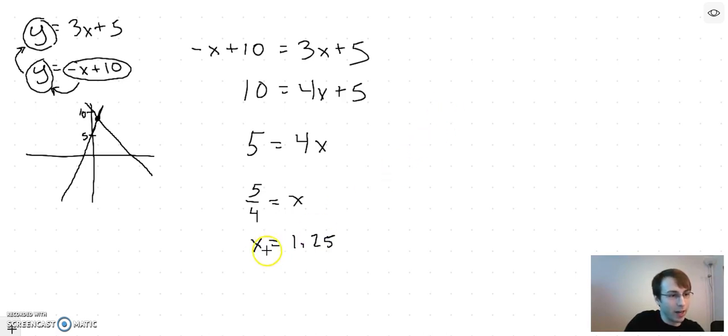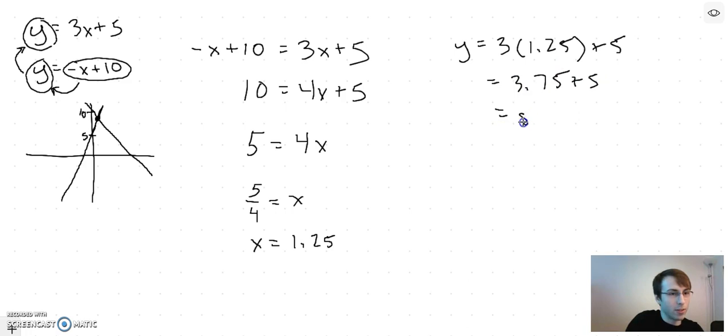And then we can find the y just by plugging it into either equation. If we plug it into the top one, we get y equals 3 times 1.25 plus 5. Well, that's equal to 3.75 plus 5, which is 8.75. If we plug it into the bottom one, we get y equals negative 1.25 plus 10, which, guess what, is also 8.75.